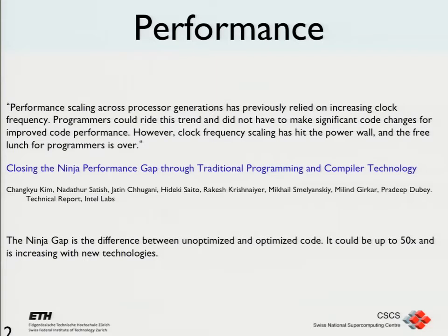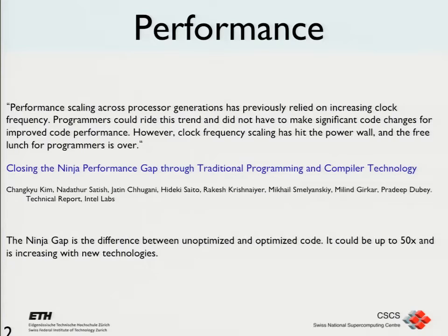So they claim that performance scaling across processor generations has previously relied on increasing the clock frequency. So we talked about this. And a few years ago, less than 10 years ago, the clock frequency scaling hit a power wall, and the programmers could no longer rely on this increase of frequency to scale their code.